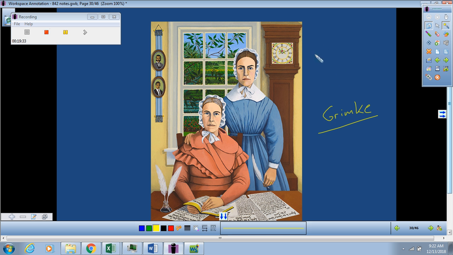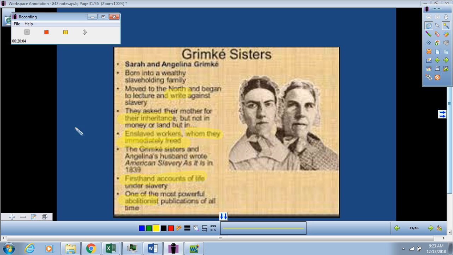Now, they were strongly disliked by most of Southern society because they were attacking slavery, which was the entire basis of the economy, society, and culture of the South. Eventually, they went to the North because they were not welcome in the South, as we'll learn in future lessons. Here's another picture.